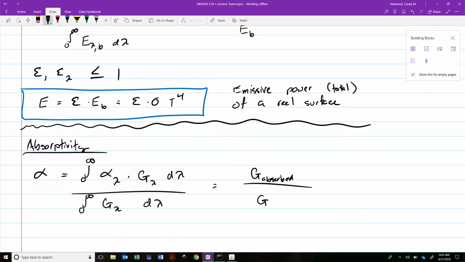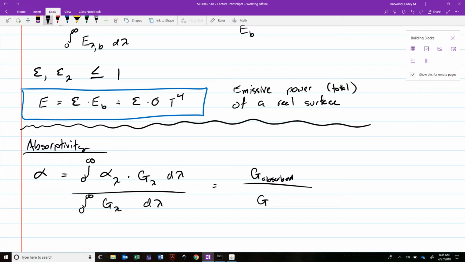So again, if we're talking about this graphically, this would be the area under the curve that tells us how much of all of the incident radiation actually gets sucked up by the body it's hitting.